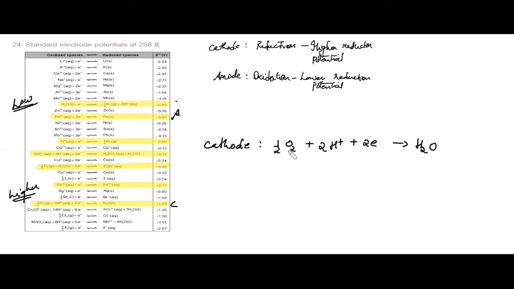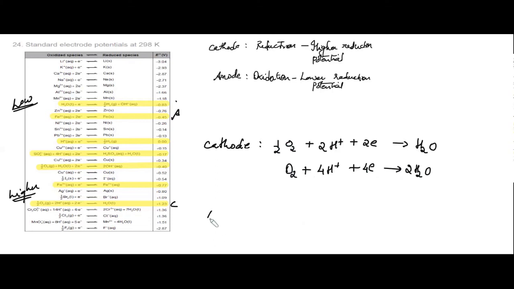To remove the half, I can multiply throughout by 2. So I'll get O2 + 4H+ + 4e- gives 2 water molecules. So this would be my cathode reaction.